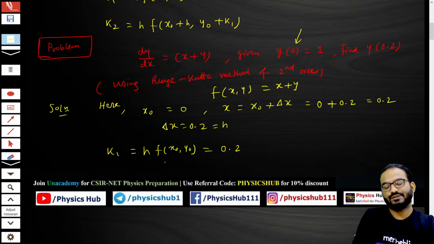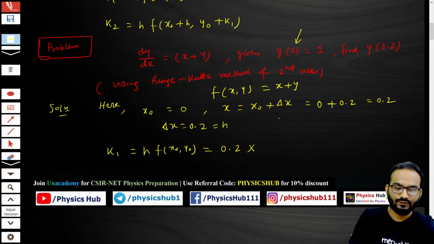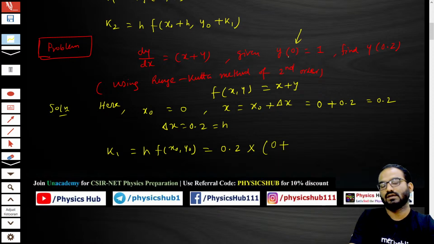So k1 is 0.2 into f of x naught, y naught. You have to put x equal to x naught, which is 0, plus y at x naught, which is 1. So plus 1. So this is 0.2. Now you can find out the value of k2.